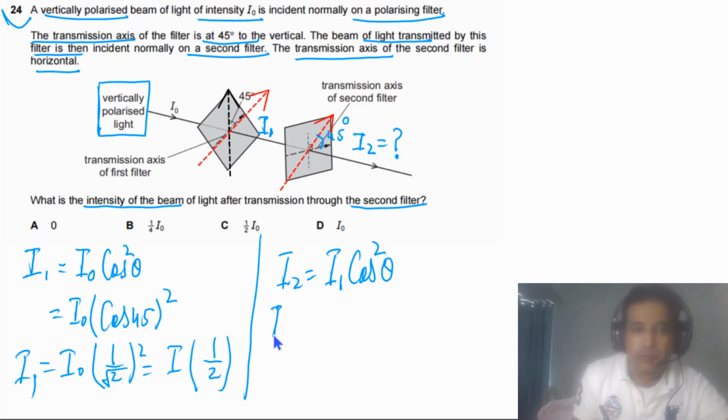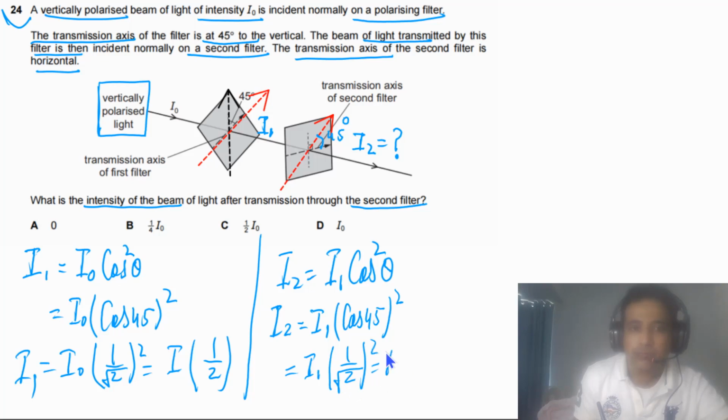So we can rewrite I2 as equal to I1 times cos of 45 squared. Here we have I1 times cos of 45, which is 1 over root 2, squared. So again we get I1 times 1 by 2.